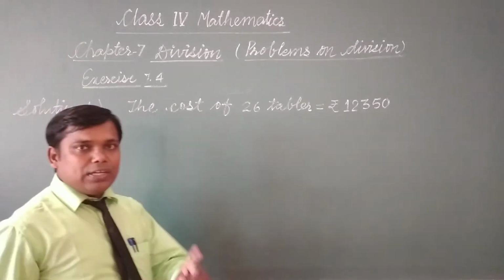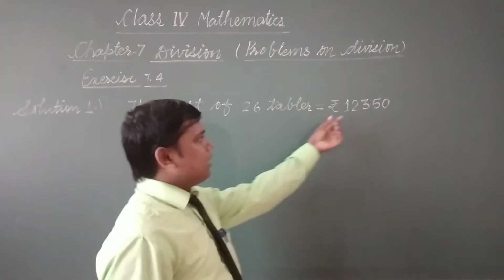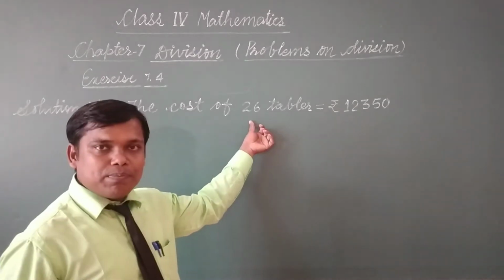So we have to calculate the cost of one table. We will divide total cost by total number of tables.